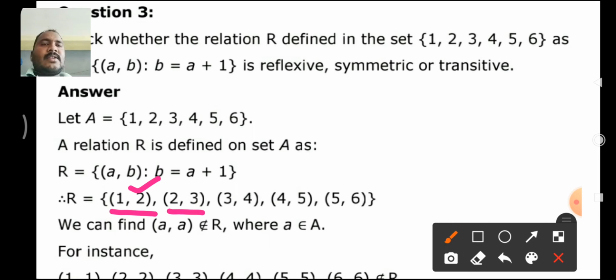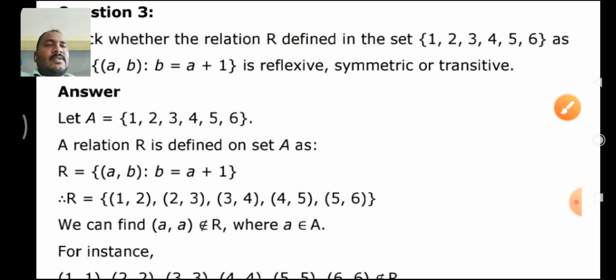Again a = 2, 2 + 1 is 3, and again a = 3, 3 + 1 is 4. Again a = 4, b is 5, a = 5, b is 6. This is our R.